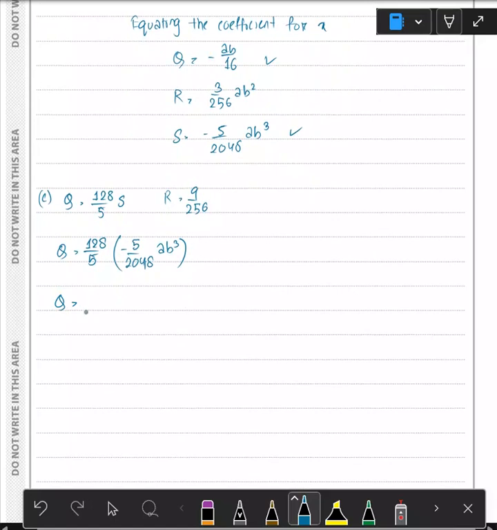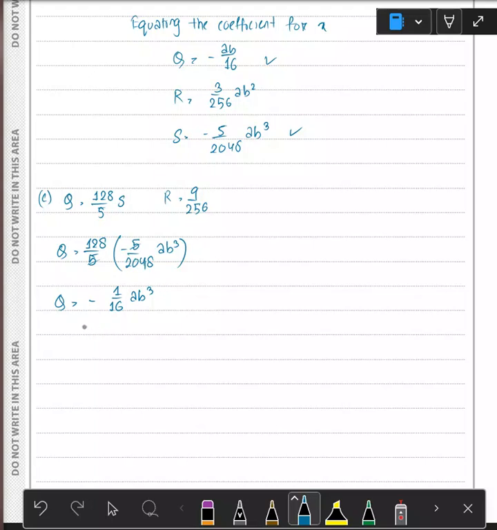So q is equivalent to, if you multiply, then this and this will get cancelled, and q would just be negative 1 by 16 AB cube.